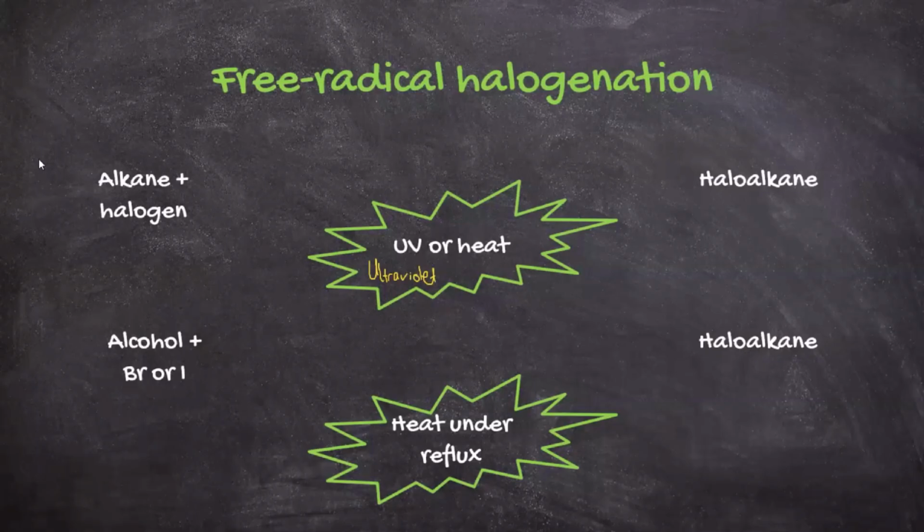Then, if you're going from an alcohol using bromine or iodine, you're going to heat under reflux. Now, if you've never been in the lab, which I understand a lot of you maybe haven't, heating under reflux means that you have your little vessel that has the reactants in it. So your reaction is happening in here. And you're heating this, so there's a little flame. Pretend I can draw, please.